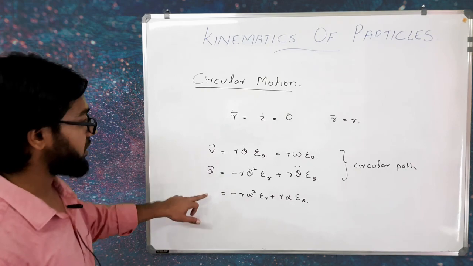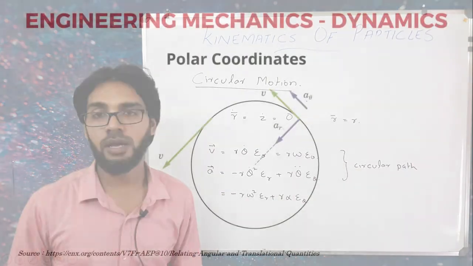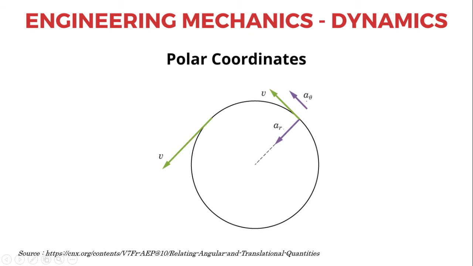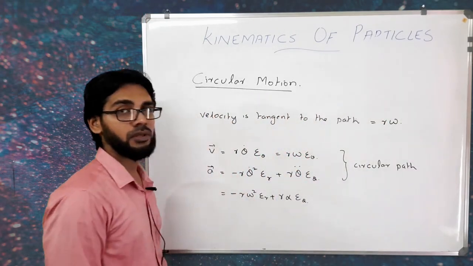Now if you look at these equations closely as shown in this figure, you can notice that the velocity is tangent to the path of the circle. Since it has only epsilon theta, it is tangent to the path and its magnitude is equal to r omega.